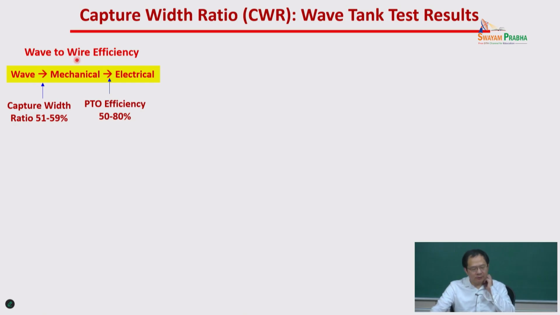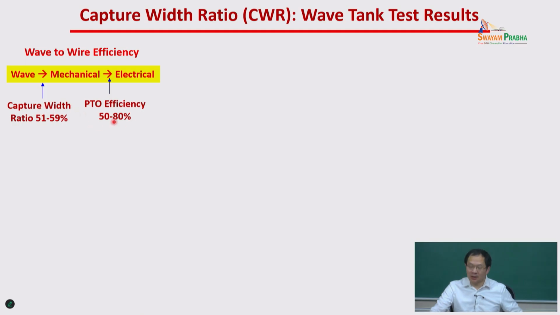So the total wave-to-wire efficiency includes the capture width ratio and also the PTO's efficiency. For the devices we build, the capture width ratio gets 50-60%, and PTO efficiency gets 50-80%. Keep in mind this is the best so far, and it varies over a large range.